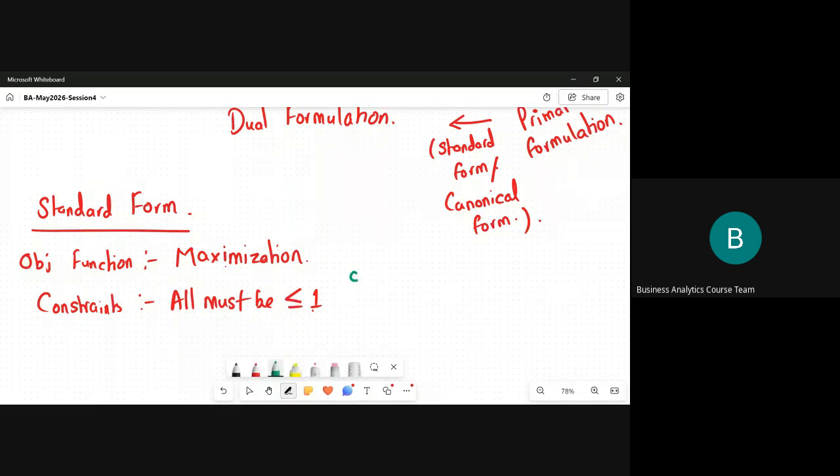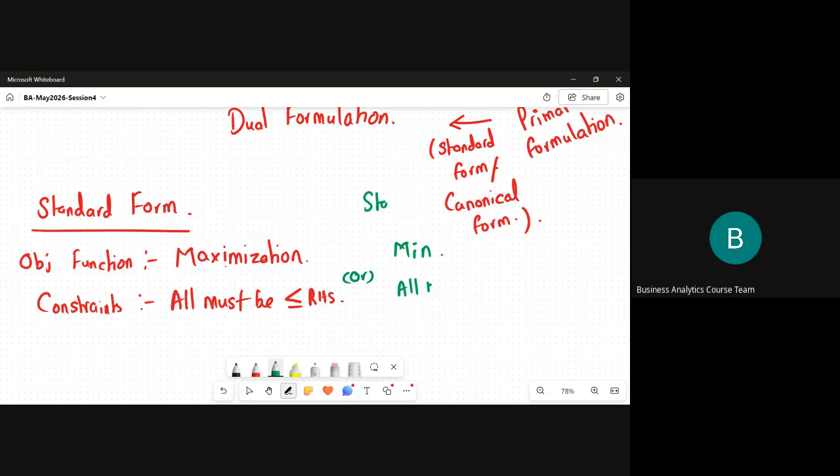Or if you have an objective function which is minimization and all constraints are greater than or equal to RHS. Sorry, my bad. Standard form is this.